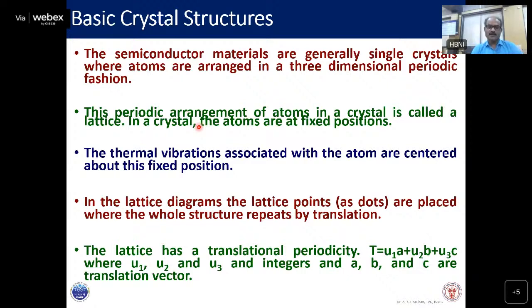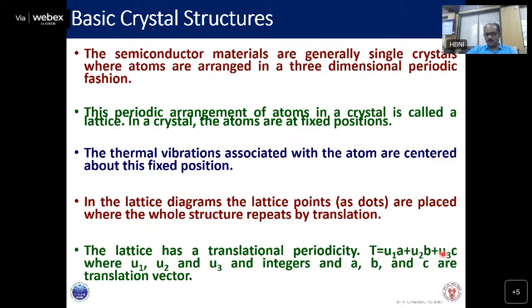That means at any point you reach on a lattice, you will see identical surroundings. So each lattice point must have a translational periodicity.